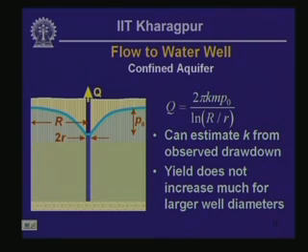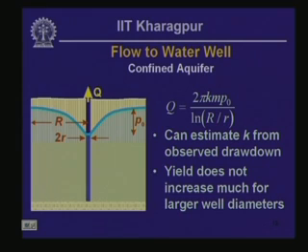So P naught in this case is the amount of pressure drop because of the pumping out of groundwater. R in this case is the outer periphery, the radius from the center of the water well to the outer edge of the cone of depression, and small r, this is the capital R that we are talking about, or uppercase R, and the lowercase r represents the radius of the cross section of the water well itself.